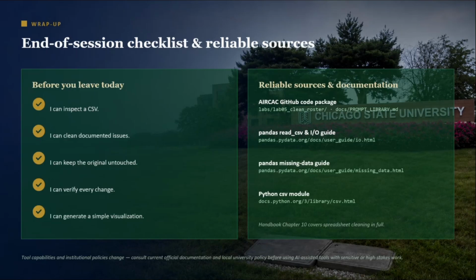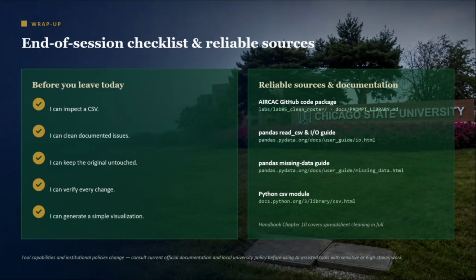These are resources that we will need if you want more documentation and more information. This is the end of the session. If you have any question, please let me know. If you don't, we can close the session.